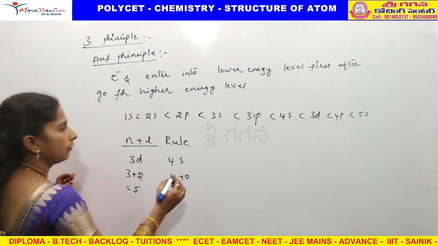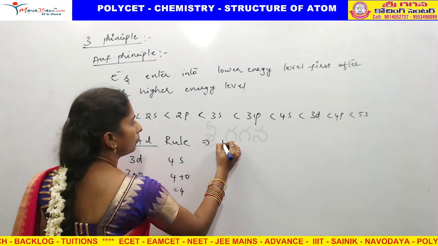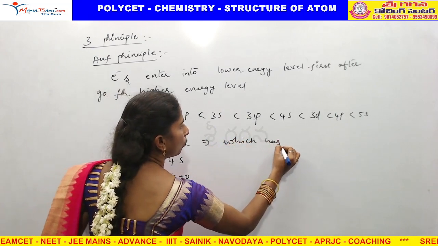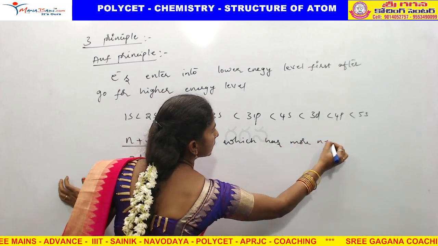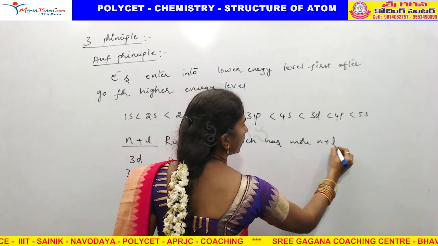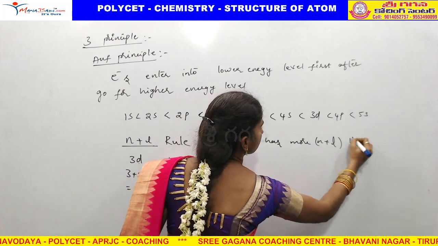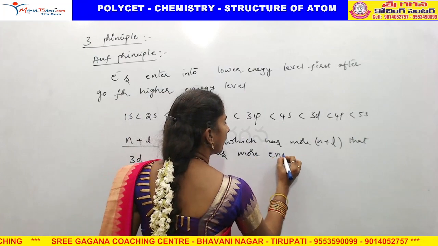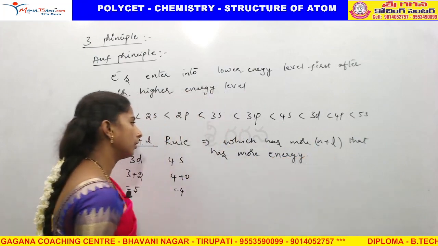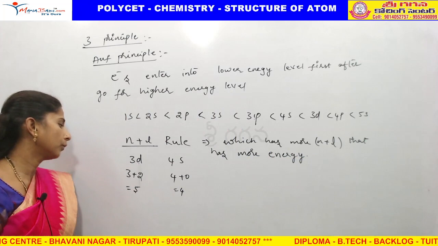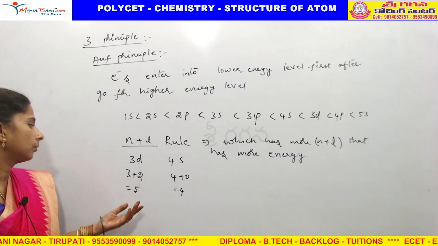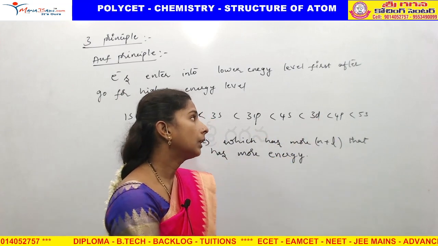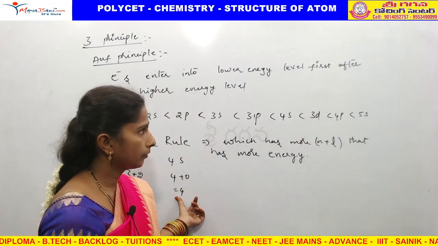According to the n plus l rule, the one with the higher n plus l has more energy. Are you understanding? Between 3d and 4s, which has more energy? Obviously 3d. So after 4s we get 3d, because 4s has less energy.